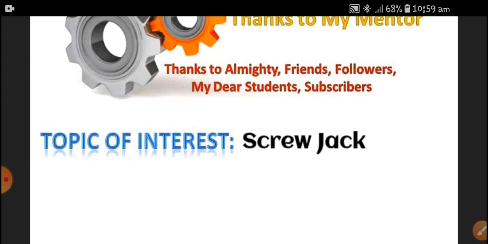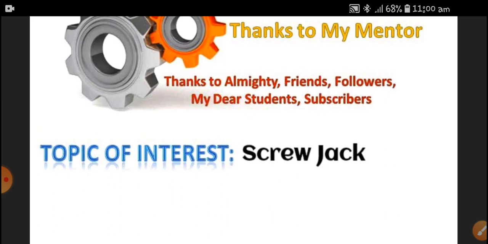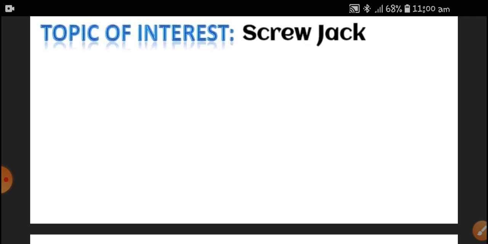Therefore, screw jacks fail by means of a buckling load. This we have to understand. When the screw jack moves, two kinds of angles are available: one is the helix angle and the other is the friction angle. Let me discuss this screw jack in detail.